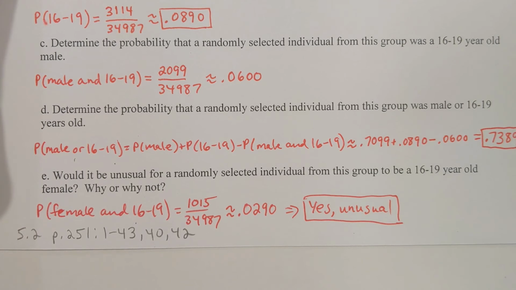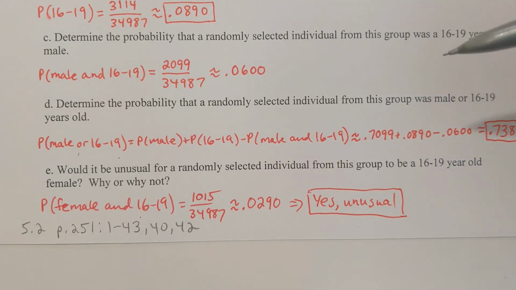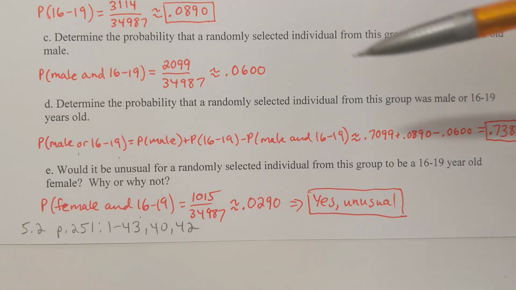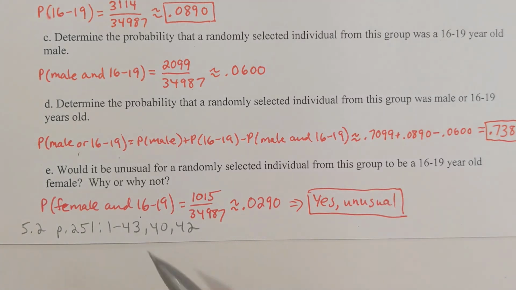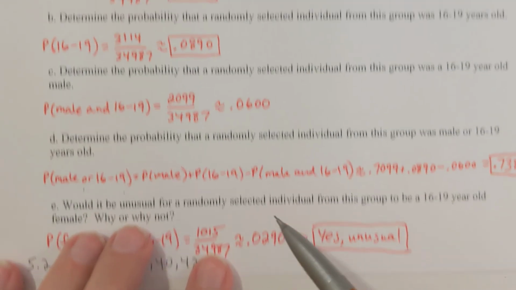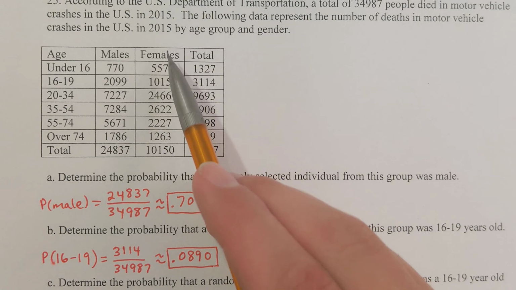Part E says, would it be unusual for a randomly selected individual from this group to be a 16 to 19-year-old female? Why or why not? So I need to find the probability of the person being female and 16 to 19 years old. If I go to my table here, here's 16 to 19 years old and female.